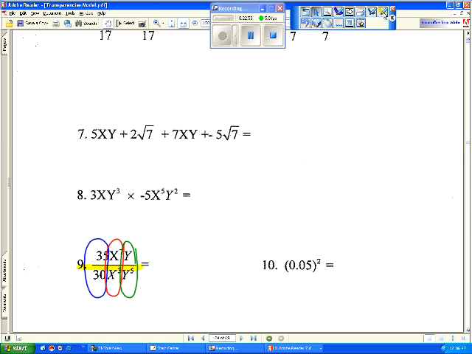Now, just like we did numbers with number, and x with x, and y with y, because we have to do like bases when we multiply, we have to do like bases when we divide. So we do number with number, x with x's, y's with y's.